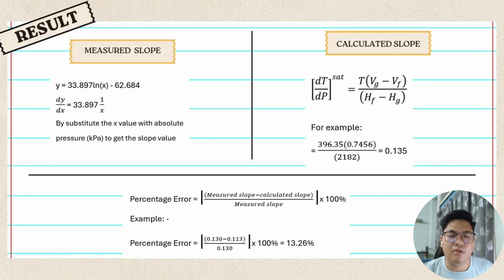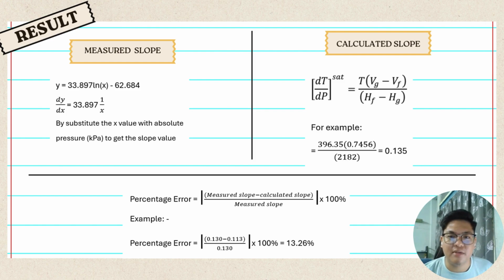Now we are going to the calculation part. To calculate the measured slope, we will be using the equation of the logarithm trend line that we obtained from the previous graph. So the equation is y equals 33.897 ln x minus 62.684.